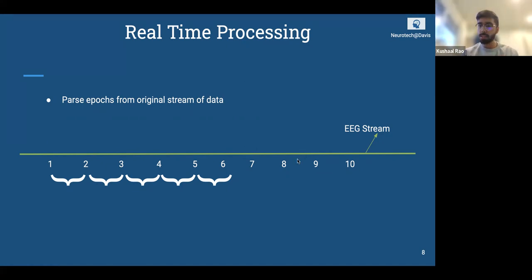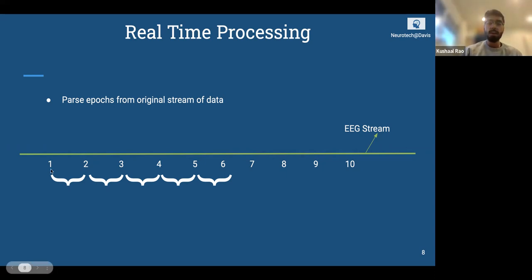An epoch is nothing but a discrete segment of data. In this case, we broke up our data into 1 second long segments. 1 second is an arbitrary number, but it's a safe place to start, and you can tweak it later on depending on what exactly you're looking for or the speed-accuracy trade-off that you are comfortable with. But we initially started off with a 1 second epoch length.